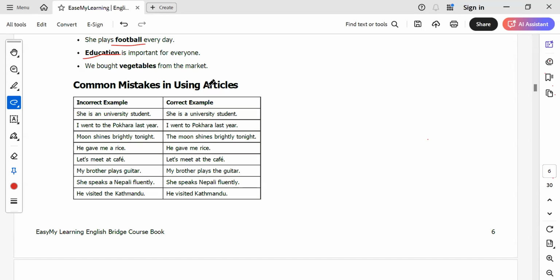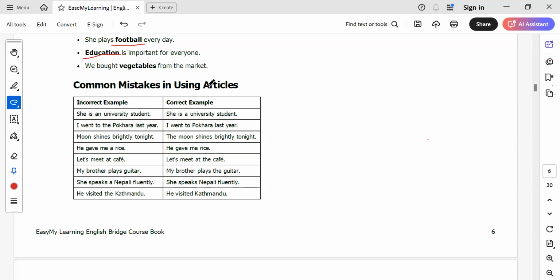Okay. We bought vegetables from the market. So here also we are talking about a lot of vegetables. We could have bought carrots, beans, tomatoes, onions. So we are saying general vegetables. So we are not saying the vegetable. Suppose you know that I've only bought tomatoes, onions, and beans, then I can say the vegetables.